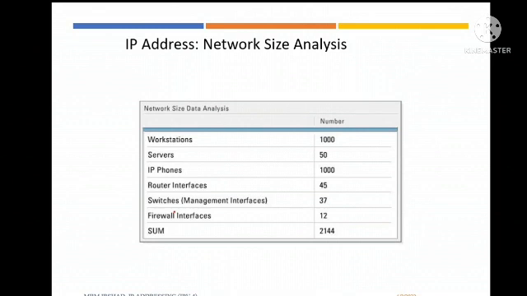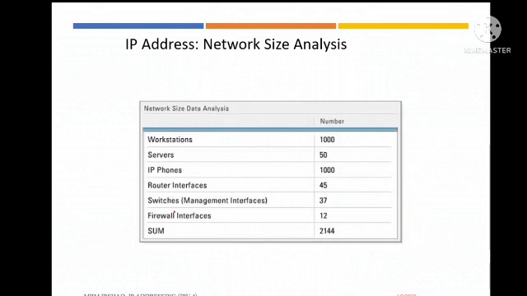So you plan to have 1,000 phones, and you are planning to have 45 router interfaces, 37 switch interfaces. For the firewall interface, you may have some hardware firewall installed, so you may have firewall interfaces. Then altogether, the number of ports that you have in the particular place where you are planning to set up a network is 2,144.